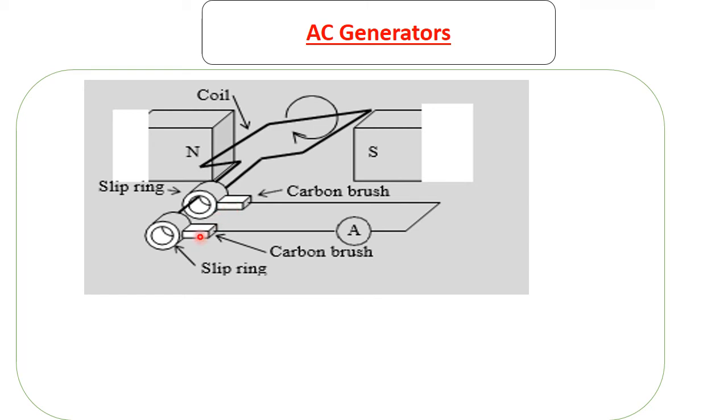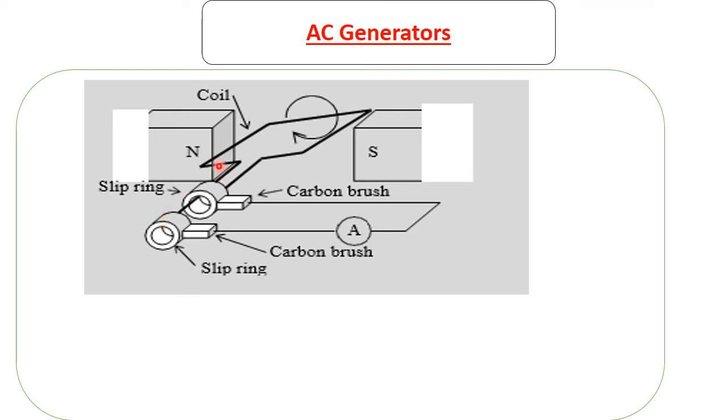So this is a carbon brush and this is a carbon brush, and then we have these ones which are called split rings. So the way the split rings are connected is such that this line connects to one split ring and this other line or wire connects to the other split ring.